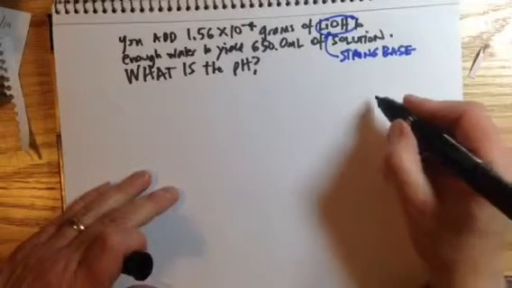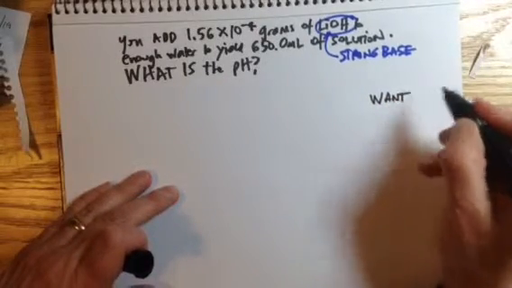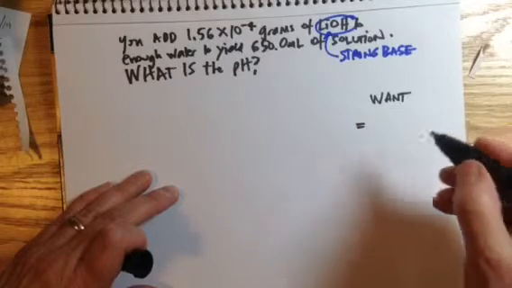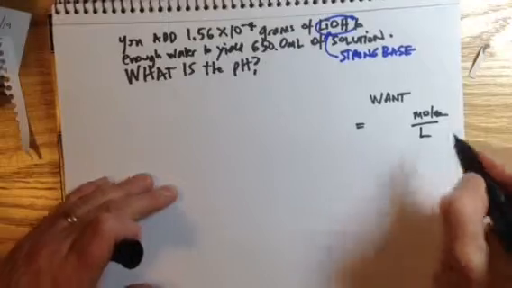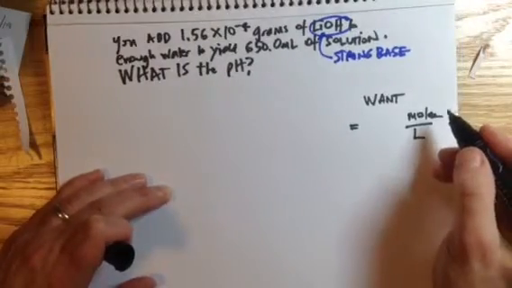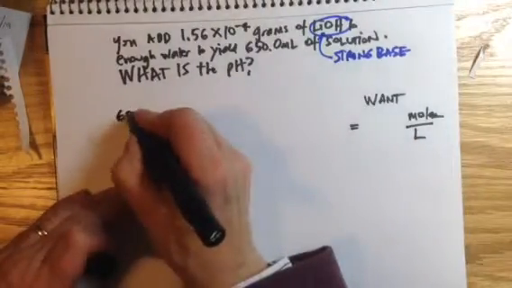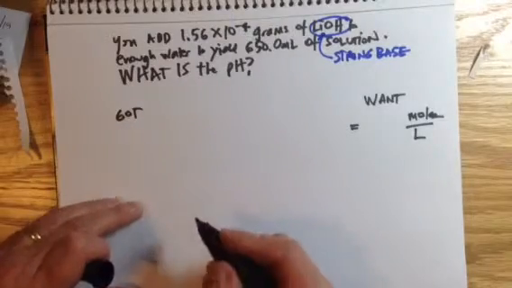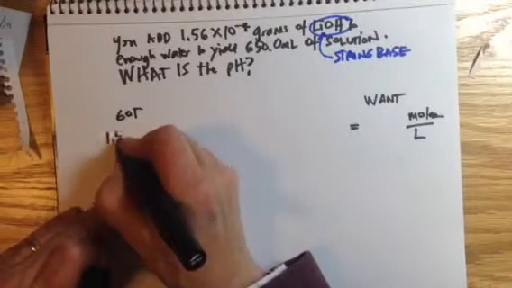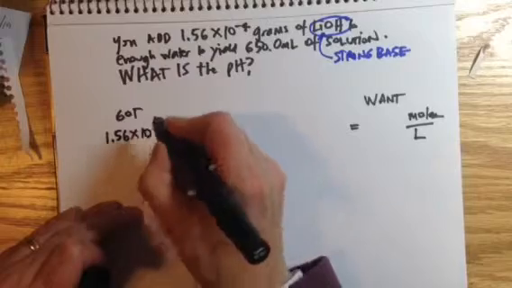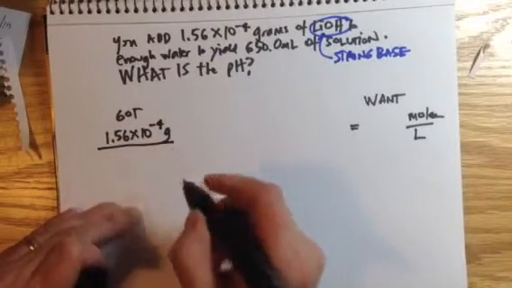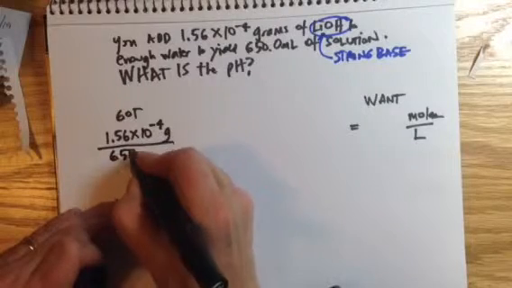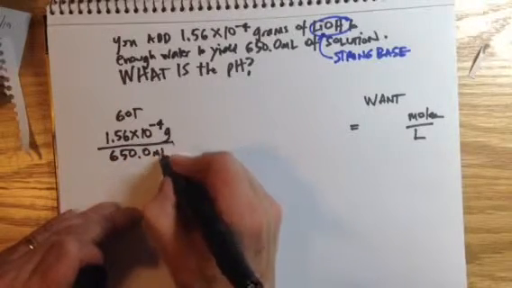What we want is the concentration of the lithium hydroxide in moles per liter. Actually we have a concentration. We have 1.56 times 10 to the minus 4 grams, and that's dissolved in enough water to yield 650 mils of solution.